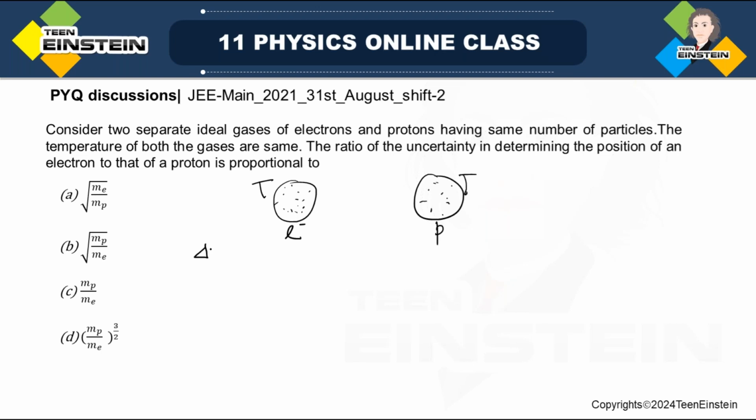That means, see, you might be knowing what is uncertainty. So uncertainty in position is del x, uncertainty in momentum is del px.